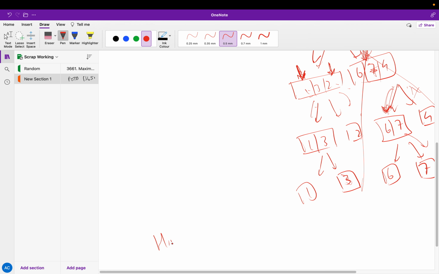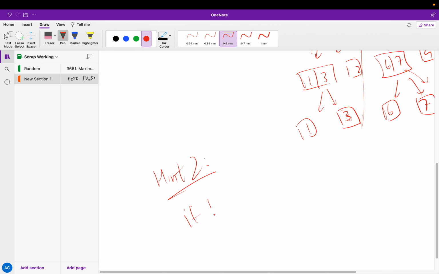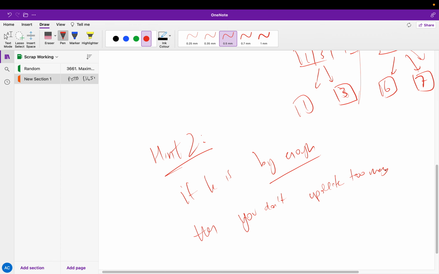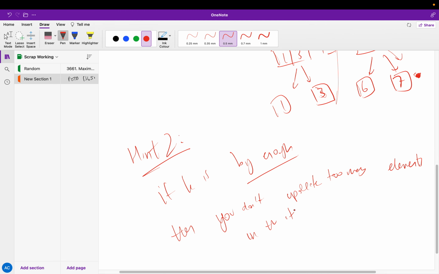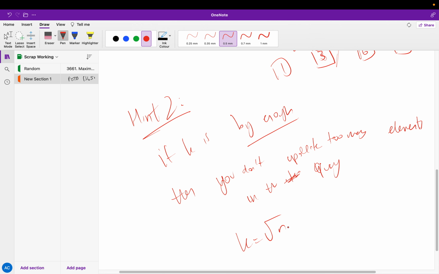So hint two is saying, and I think I kind of knew this, if k is big enough, meaning bigger than the square root of n, then you don't update too many elements in the iteration, in the query. For example, let's say k is equal to the square root of n.